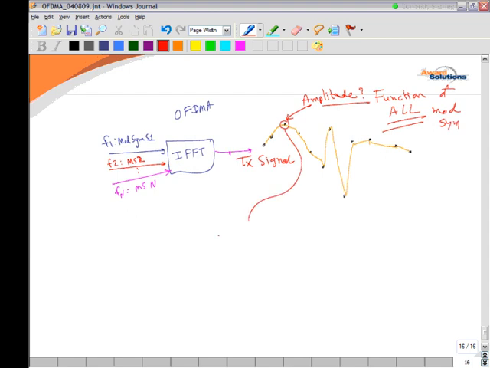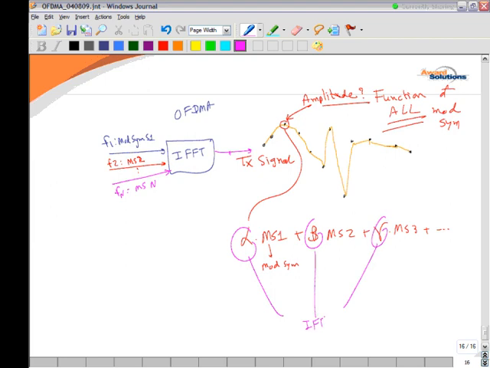For example, here it will be alpha times modulation symbol 1 plus beta times modulation symbol 2 plus gamma times modulation symbol 3 and so on. These alpha, beta and gamma are basically your IFFT coefficients based on the formula that I had shown you earlier. You can map that to some coefficients. So at any time instant, the amplitude is a function of all modulation symbols. You are adding up with some sort of weights.